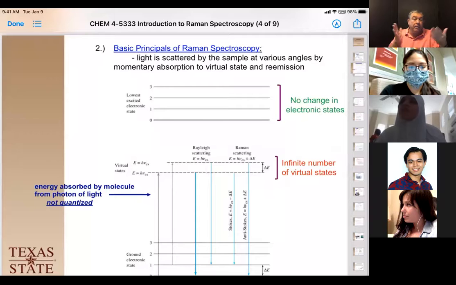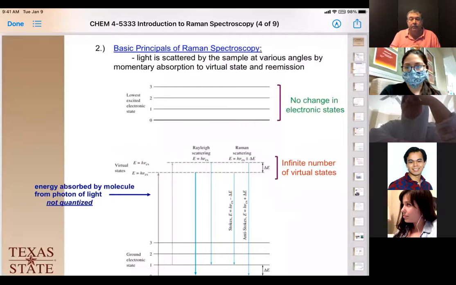It can not be absorbed and go straight through, or it can interact with the electronic shell of the atom or molecule, where the energy is absorbed and then released, and they're the same amount of energy. We call that Rayleigh scattering: it interacts with the system but is released at the exact same energy.